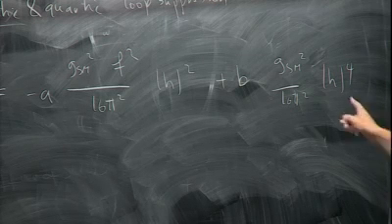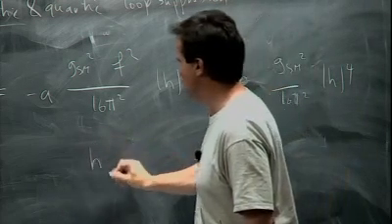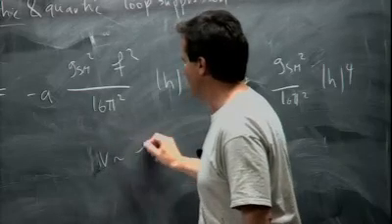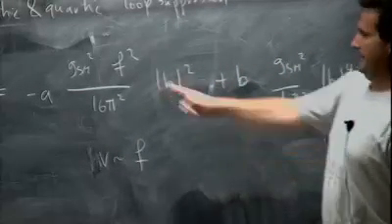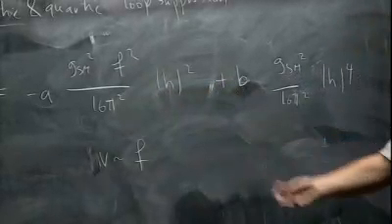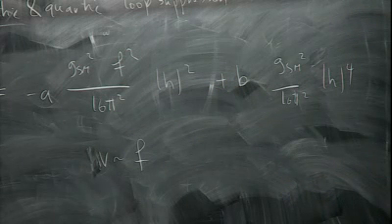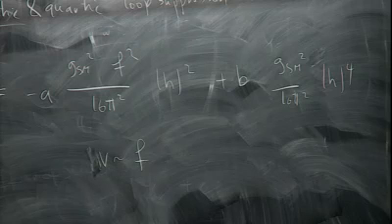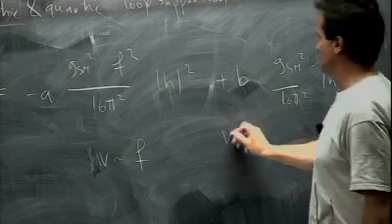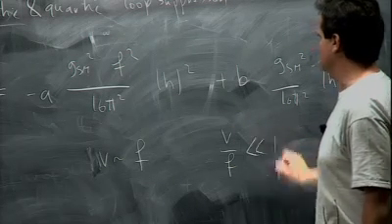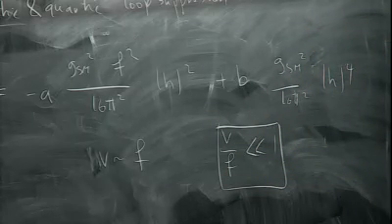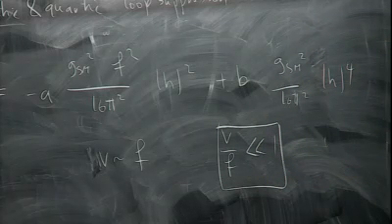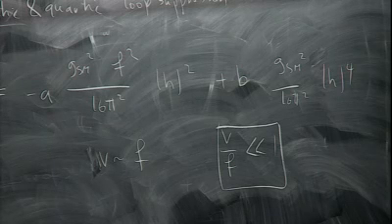When you minimize this potential, you want f to be of the order of v. Both of these terms are of the same order, that's the only mass parameter. On the other hand, of course, you need v over f to be much less than 1. So these composite Higgs models that don't have a tree-level quartic always have an irremovable tuning.